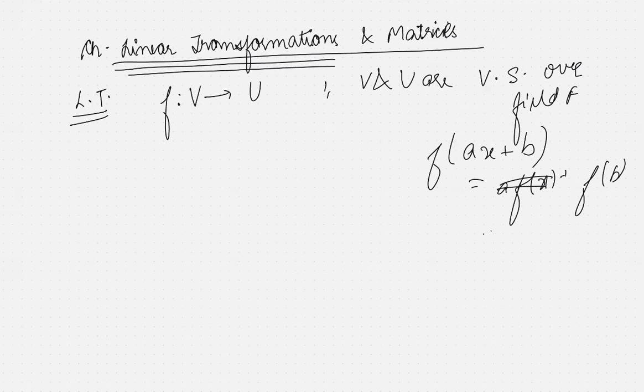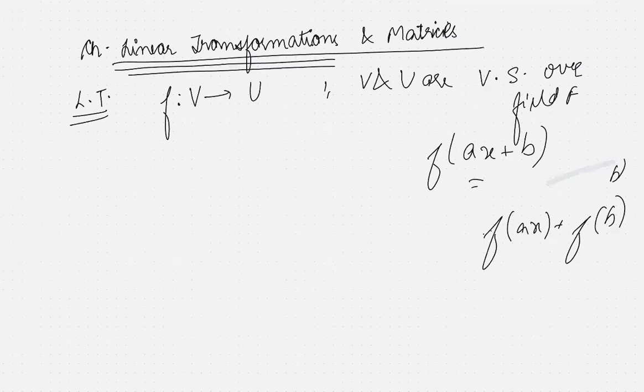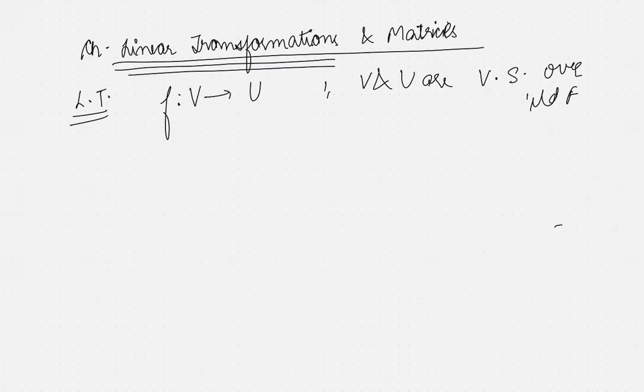So the same thing over here. First of all, in terms of addition, for any two elements x and y from V, f will be defined over the elements of V. Linear would mean that f of x plus y becomes f of x plus f of y.